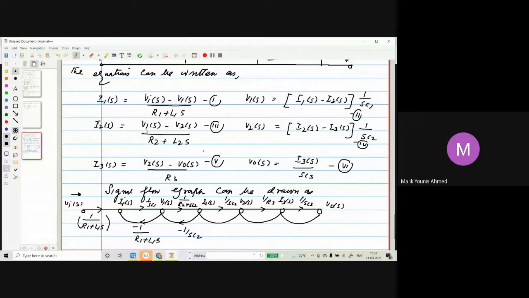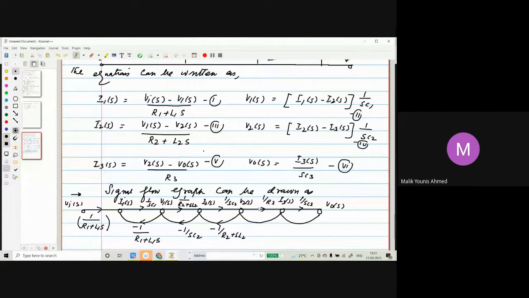So I2 in the output is V1 multiplied by this. If I have to get minus V2 divided by this term in the case of I2, then I have to get negative in the feedback, minus 1 by R2 plus SL2.